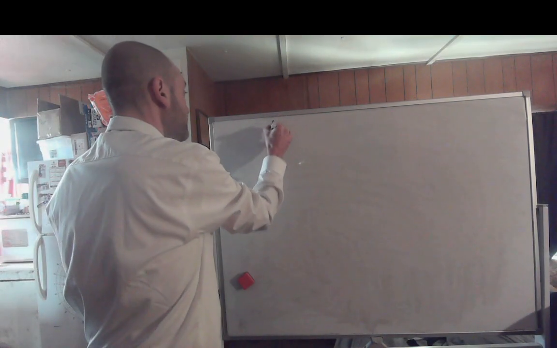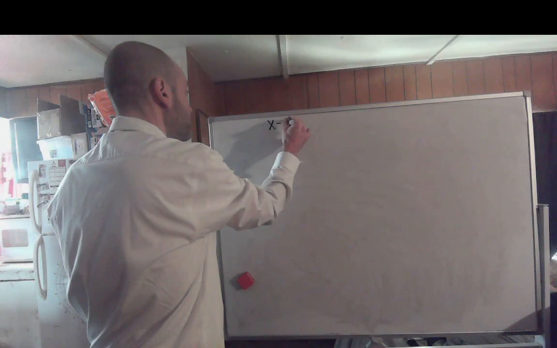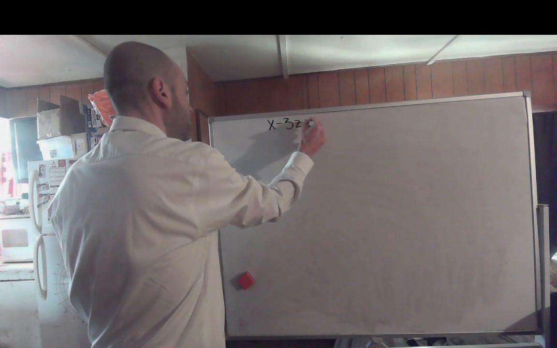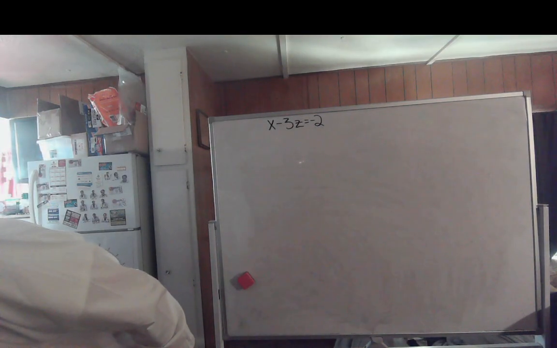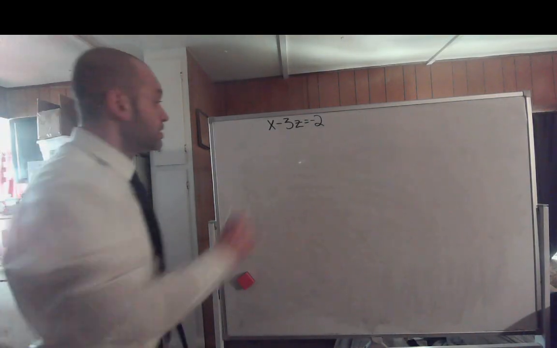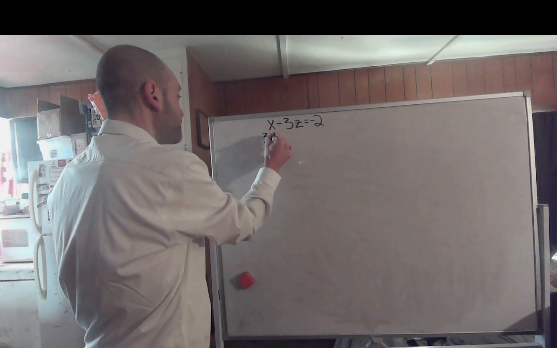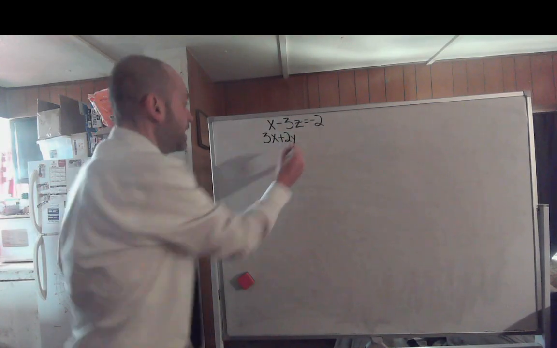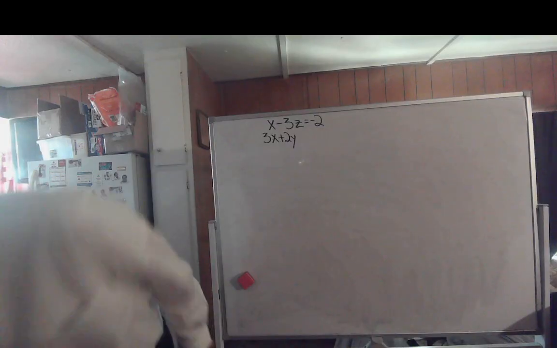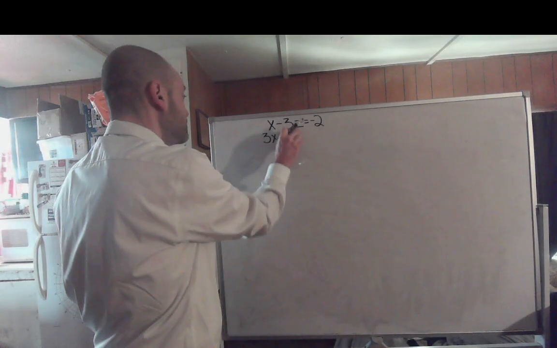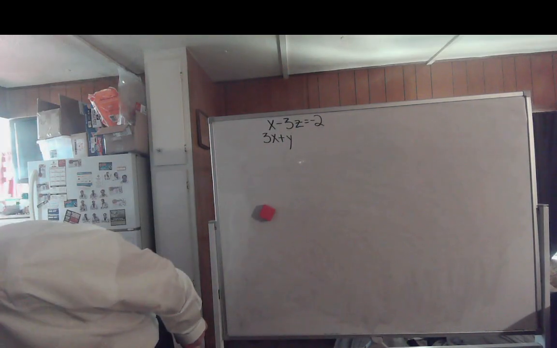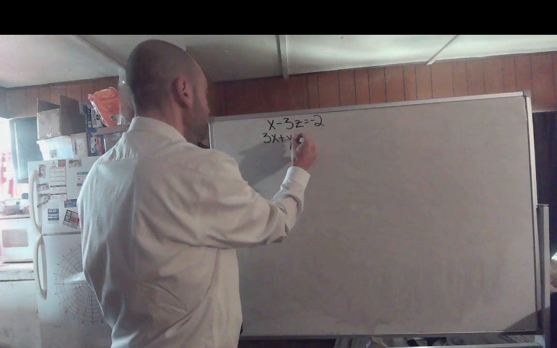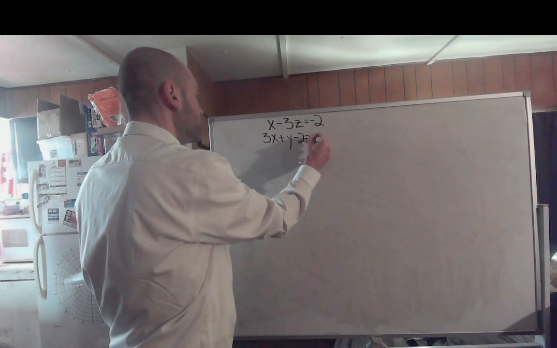So we have x minus 3z equals negative 2. We have 3x plus 1y. Excuse me, I want to get the system right. 3x plus y minus 2z equals 5.